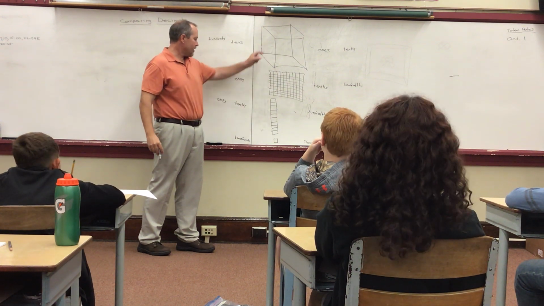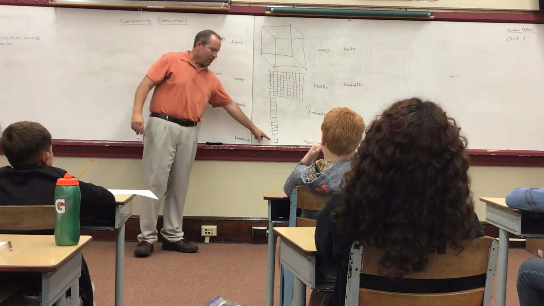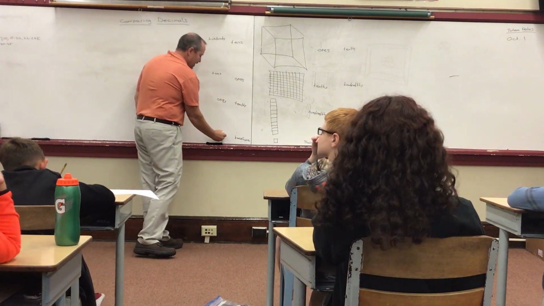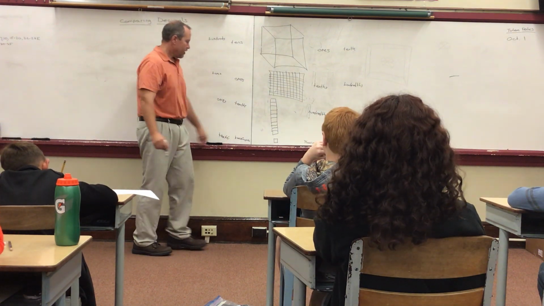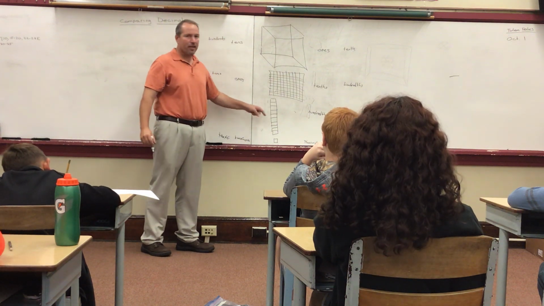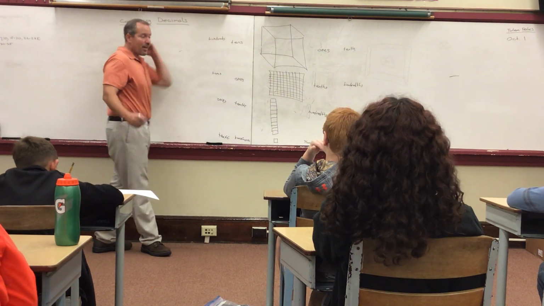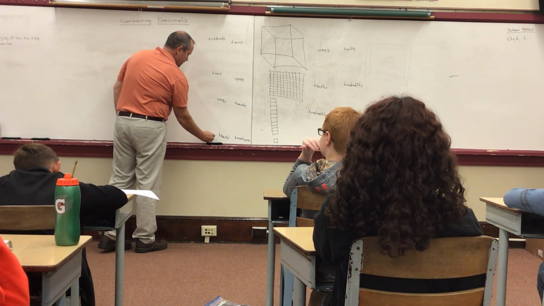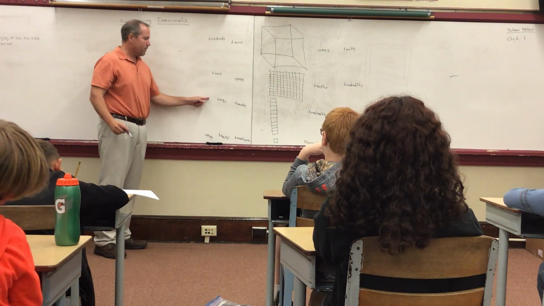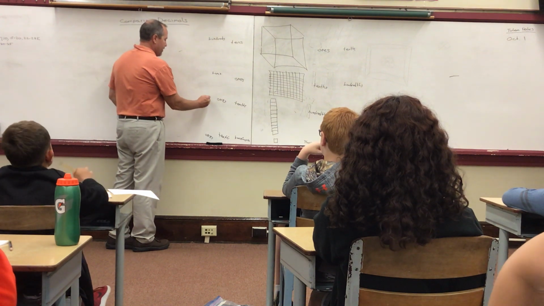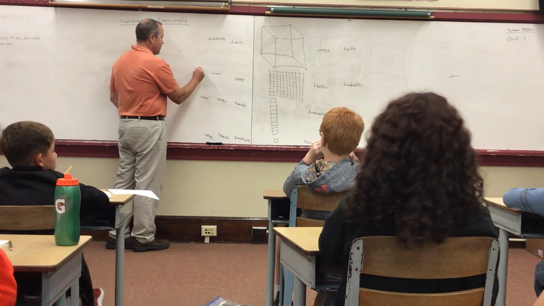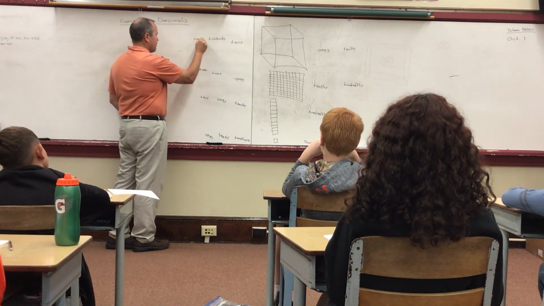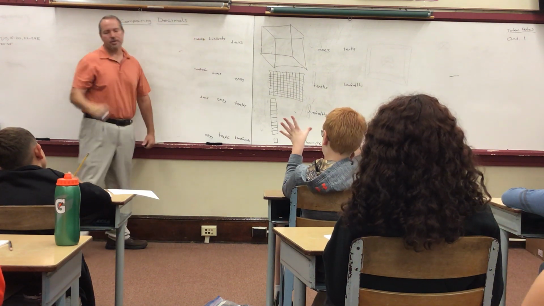If this is the ones, this would be the tenths, because it would take 10 of these to equal one of these. And then it is also possible for this little one down here to be the ones. If that's the ones, this would be the tens, and then the hundreds, and then the thousands. Should we write that? You don't need to, because you already have it in your book.